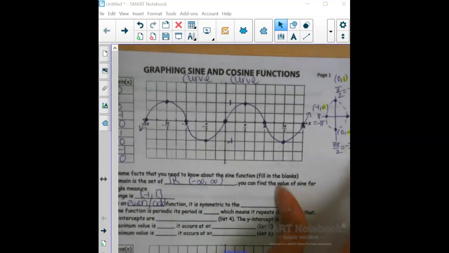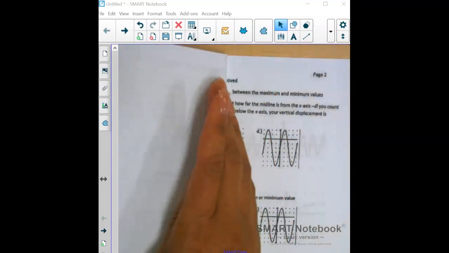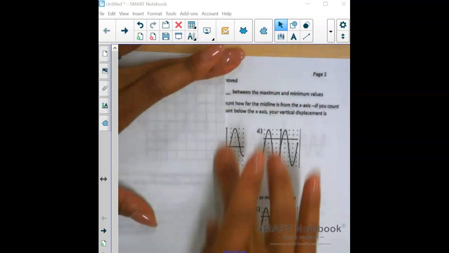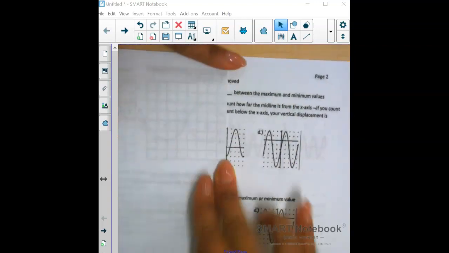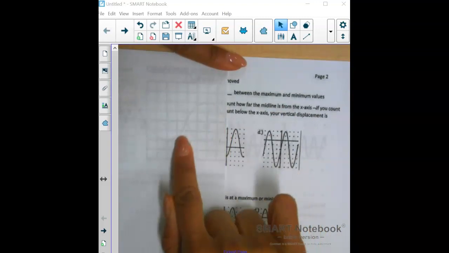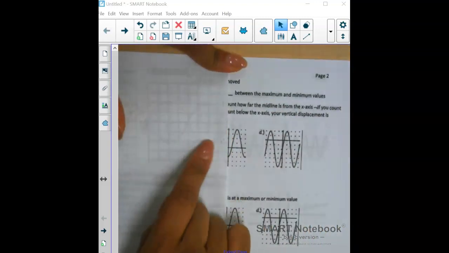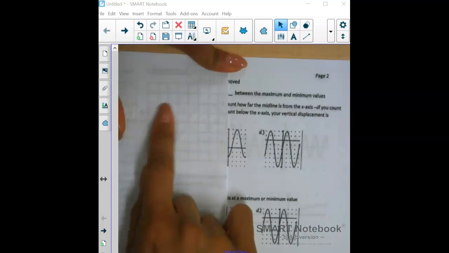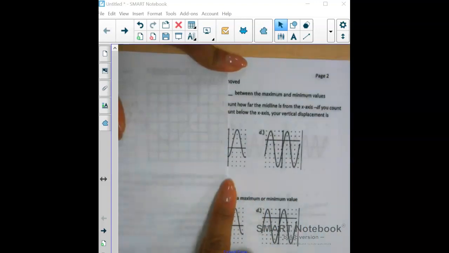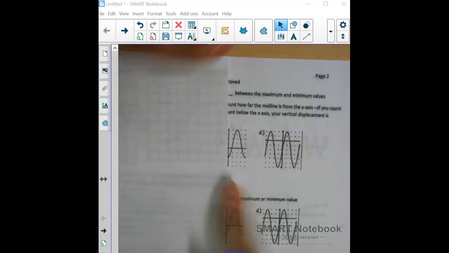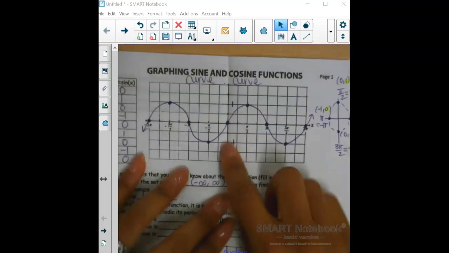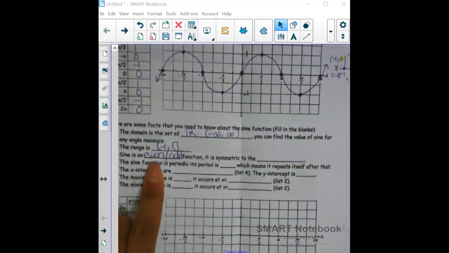So I'm going to fold this graph over across the y-axis to see if it is symmetric to the y-axis. This graph kind of goes up here. I could see one part of it, and then I also see that the other part goes down like this. Is this showing that it's symmetric to the y-axis? If it was symmetric, it would be overlapping. It would be right on top of itself. So unfortunately, this graph is not even.